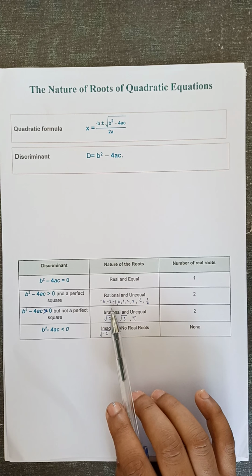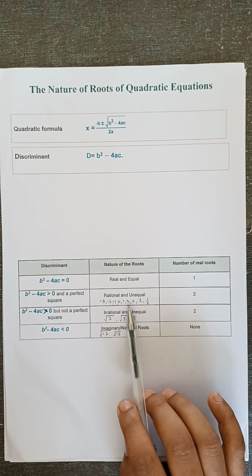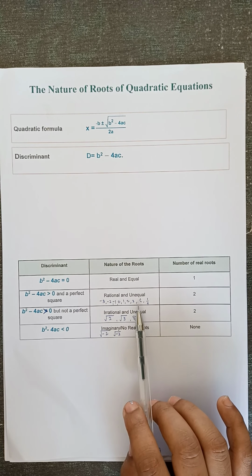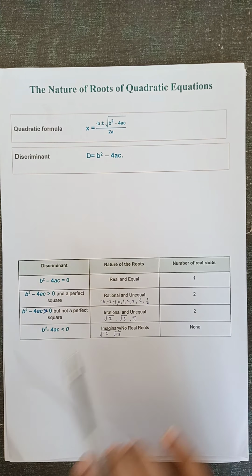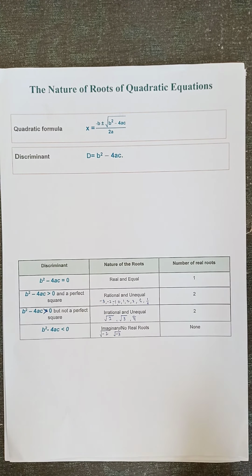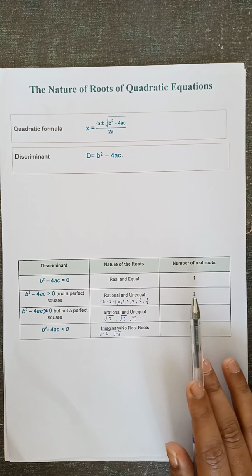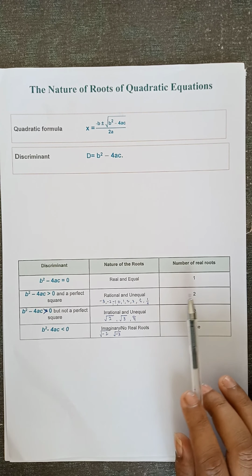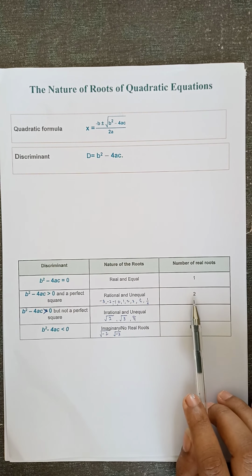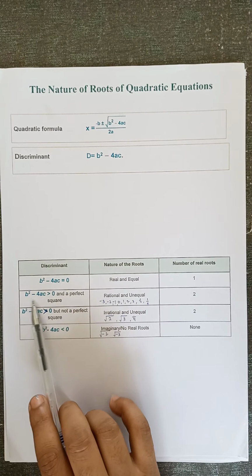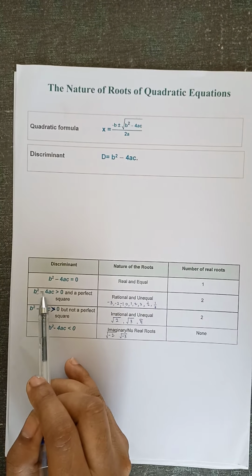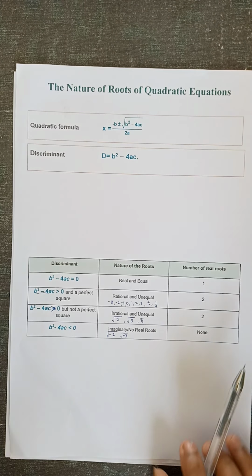Unsa pa nga number diha? 0, 1, 2, 3, positive 1/2, positive 1/4, and so on and so forth. Okay, and the number of real roots ma-determine nato as 2. So na say duha ka roots or duha ka values of x kung ang discriminant nato is greater than 0 and a perfect square.